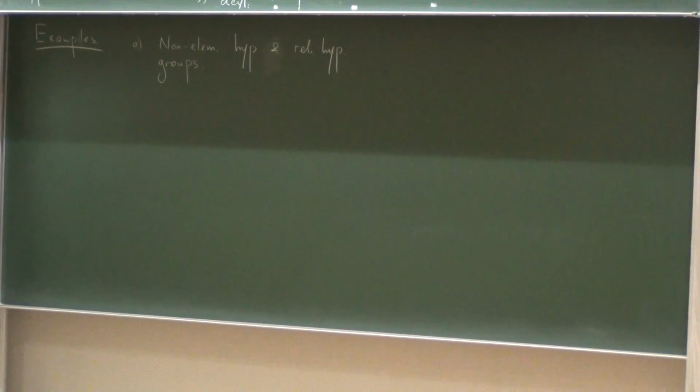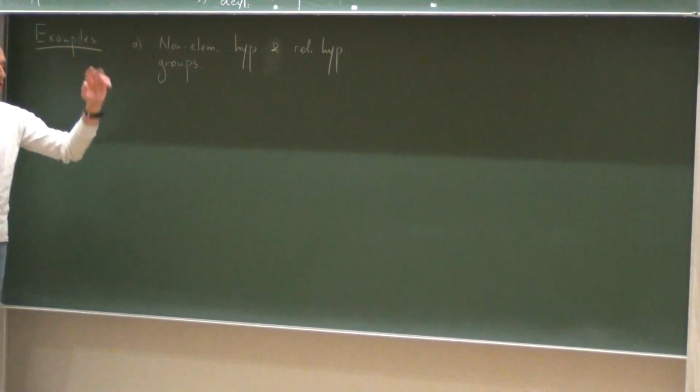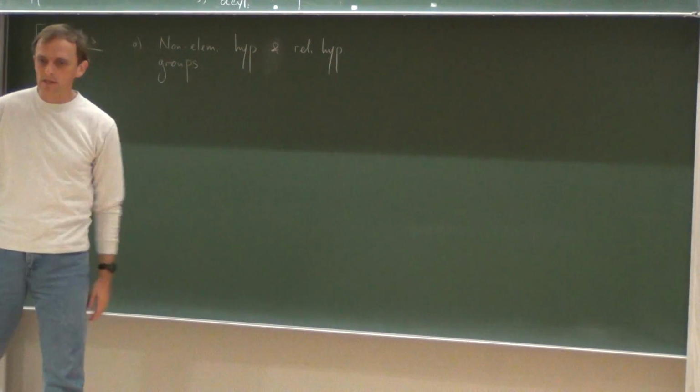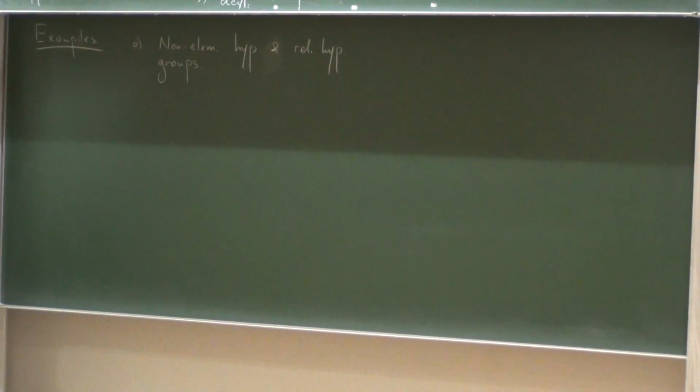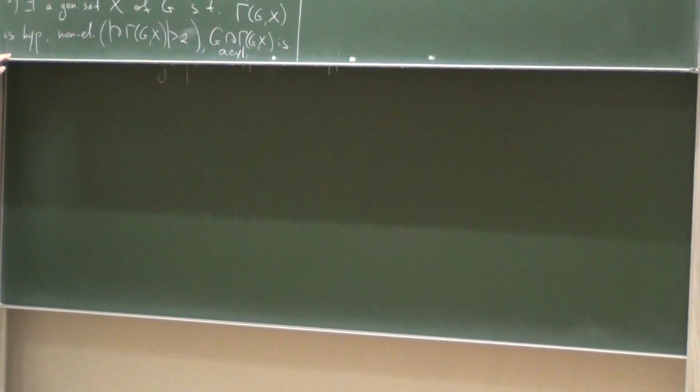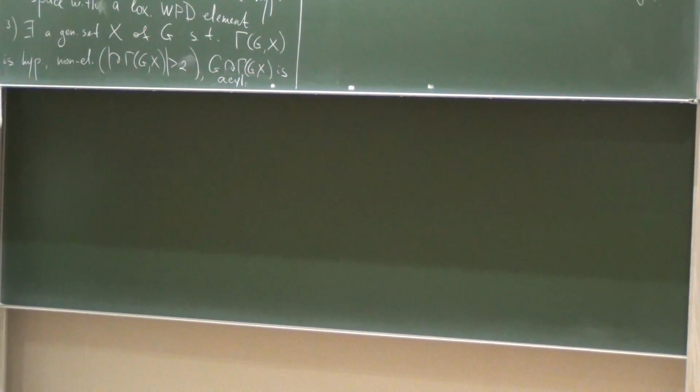This group admits an action on a fine graph with some properties, and that action will be acylindrical, or you can prove that the action on the so-called relative Cayley graph is acylindrical. So in this case, we can actually verify the definition, and this is one of the two cases which I know where the fact that the group is acylindrically hyperbolic is proved by verifying the definition.